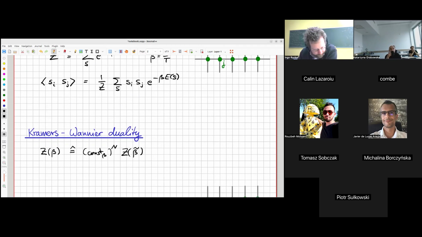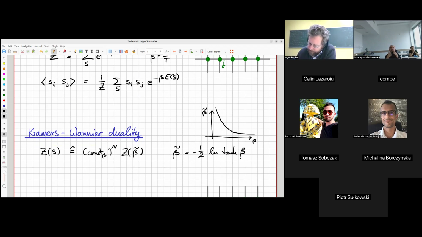And beta tilde can be given explicitly: it's minus 1/2 log of the tanh of beta. That looks complicated, but basically what this function looks like is how beta tilde depends on beta. Well, it looks a little bit like that.